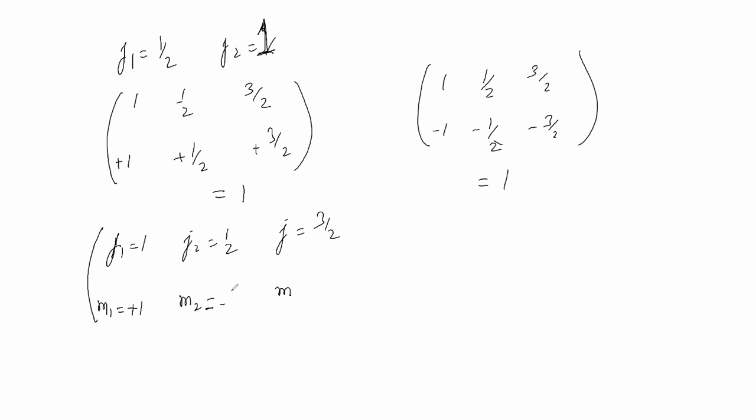Sorry, M2 is minus half, then 1 minus half will give me half. Therefore, for this Clebsch-Gordon, my J is 3 by 2, my M is half, while J1 is 1, J2 is half, and M1 is plus half, this value is different from 1 by root 2. This will be a different value.